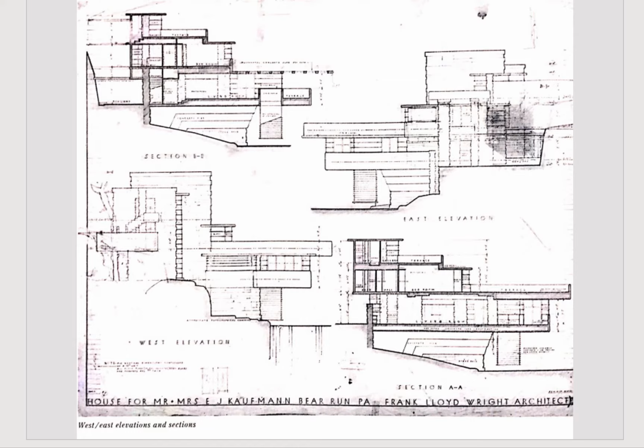The real name of the project was actually the Kaufmann House because he designed it for Mr. and Mrs. Kaufmann. It's in Pennsylvania. And this is his drawing. And you can see in every case, right? So here are the border lines. He cut through. These are the things that are cut through. Those are the darkest lines on that page.